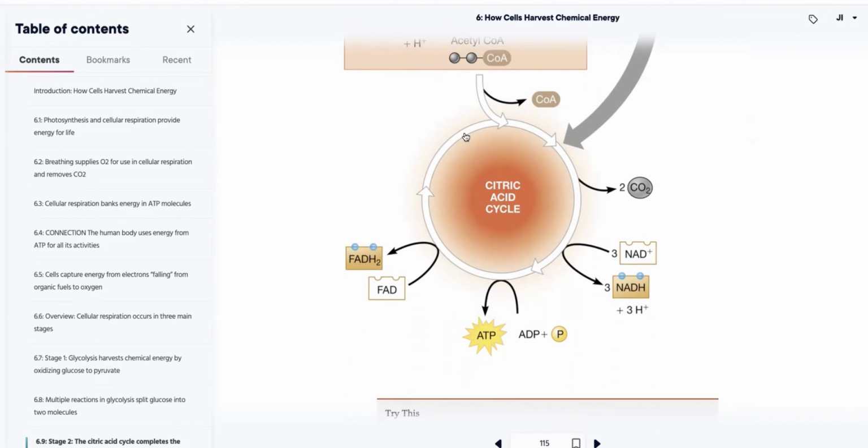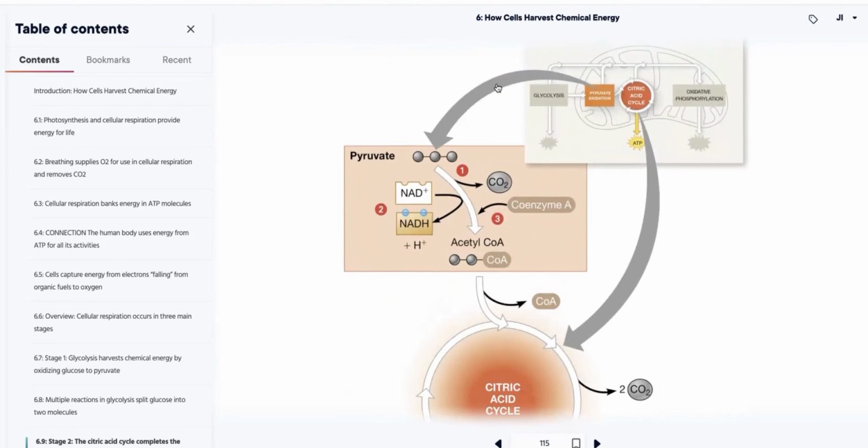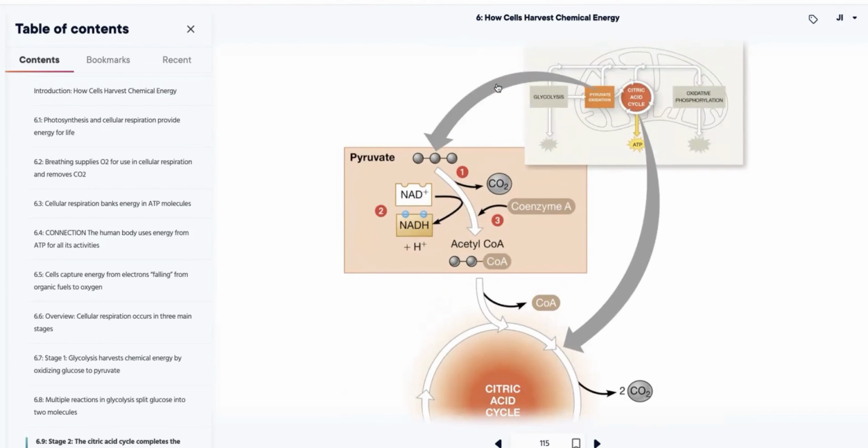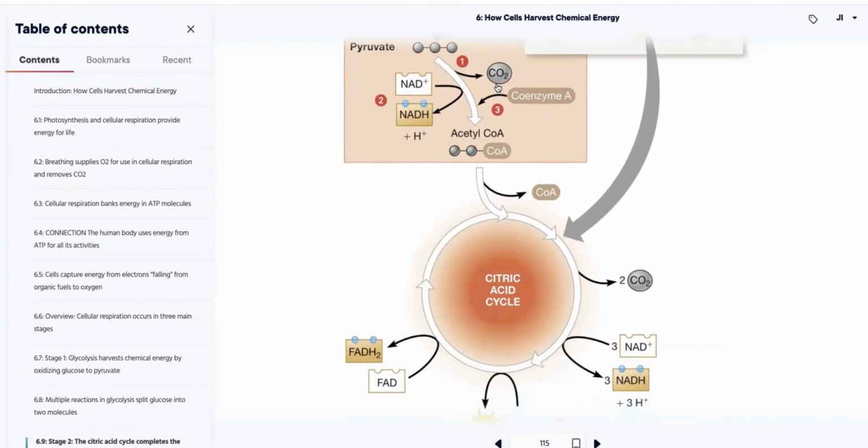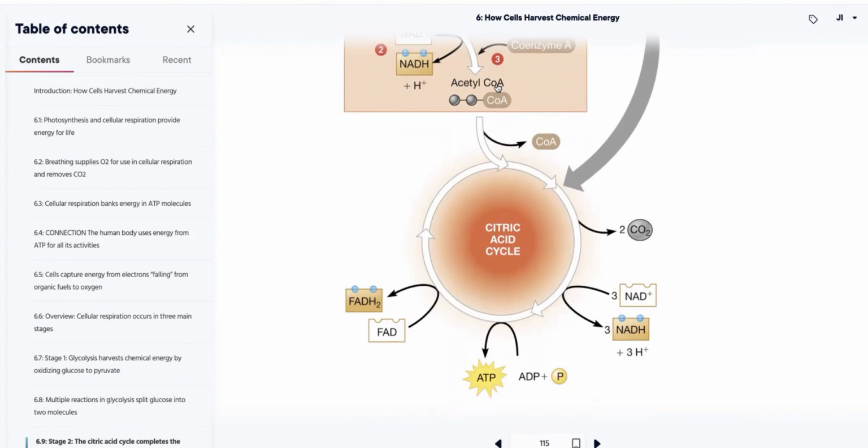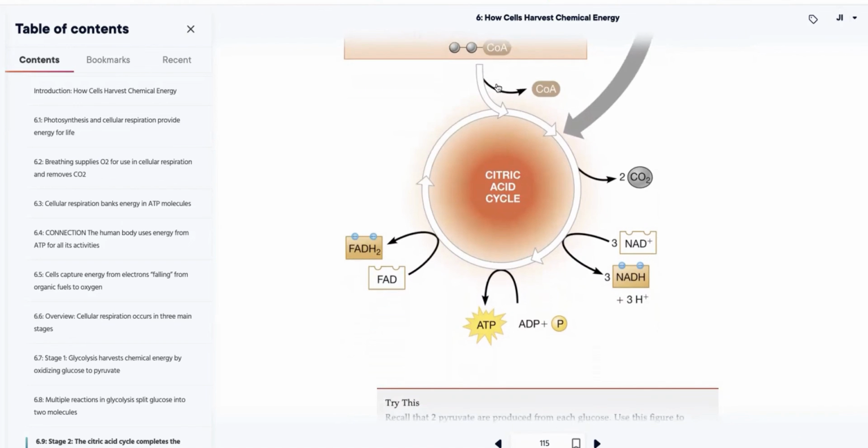There are 2 pyruvates produced from glycolysis, so we actually have to go through this twice. That's how we end up with twice the number of molecules of CO2, ATP, FADH2, as well as NADH.